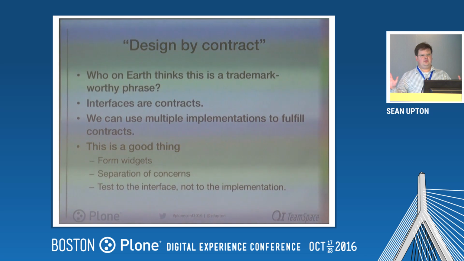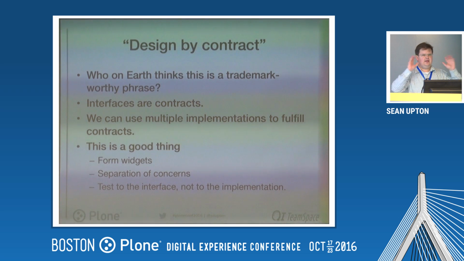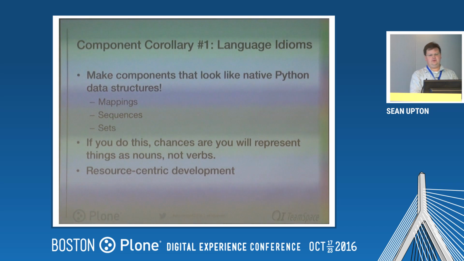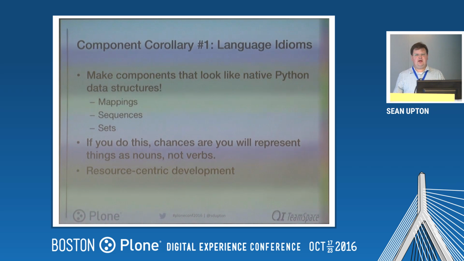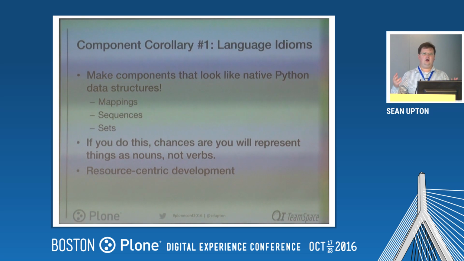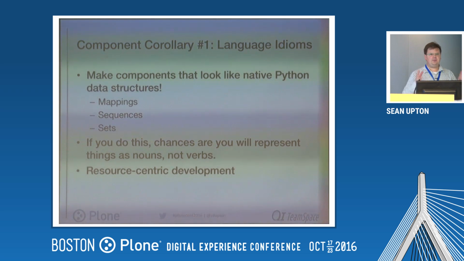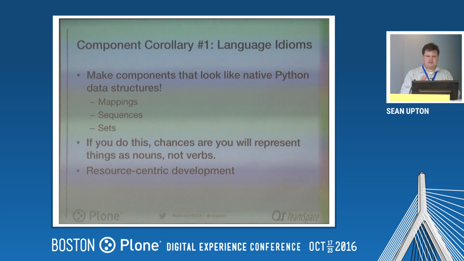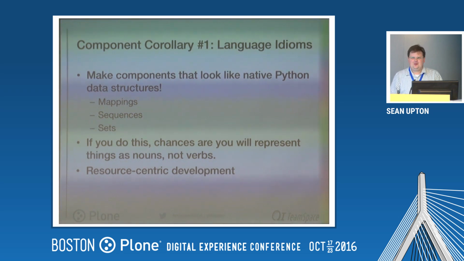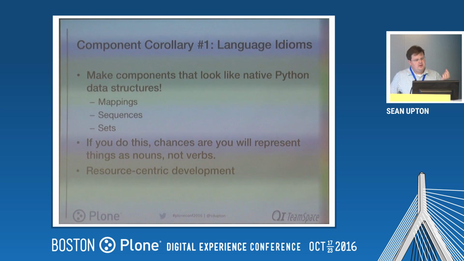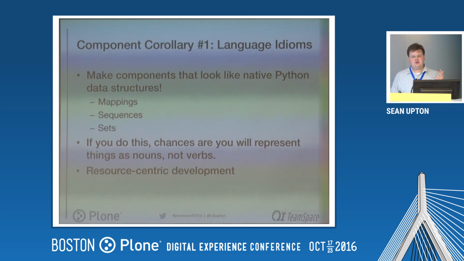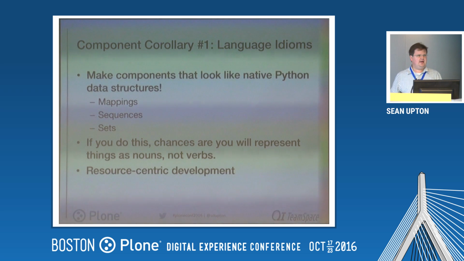This is a corollary to writing components, and that is we have idioms from our platform. We also have idioms from our language. In Python, we have native data structures that seem natural to use. Most folks that I've worked with who are Python developers on a large team project, but are fairly new to Python, don't necessarily write things that look like Python to me, idiomatically. So you have mappings and sequences and sets, and these are native, simple built-in data types.